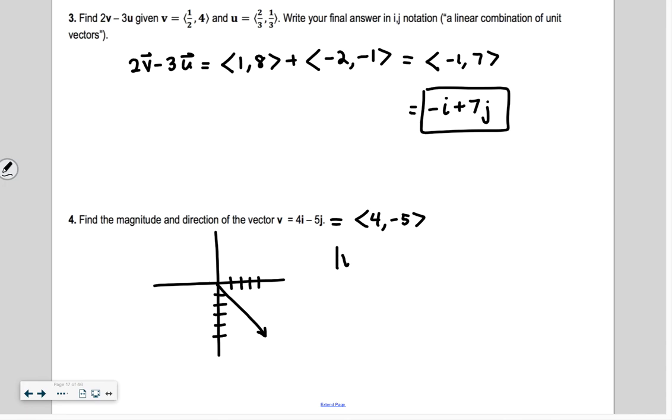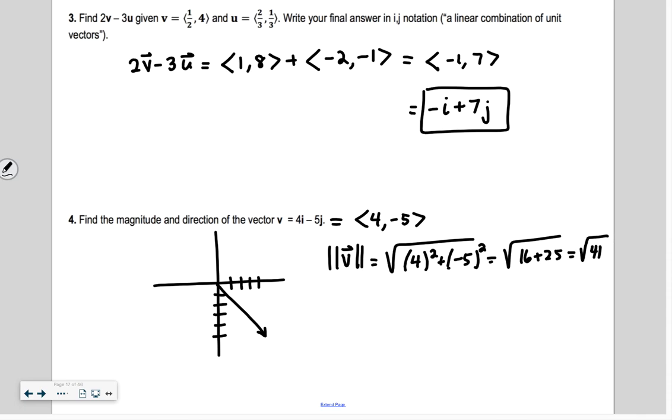So our magnitude of v ends up being 4 squared plus negative 5 squared, which is 16 plus 25. So the lovely square root of 41. And if you forget how to find that angle, remember, I told you don't memorize all these formulas if you don't want to.